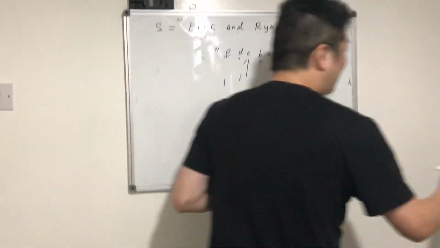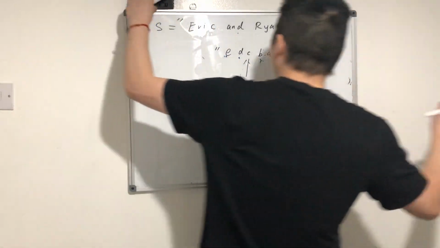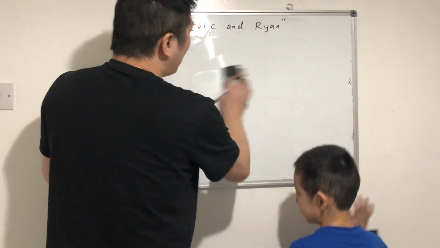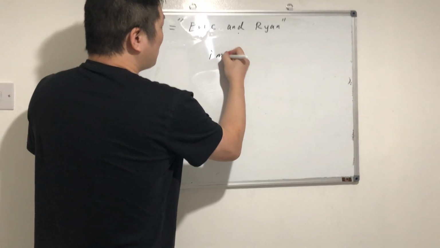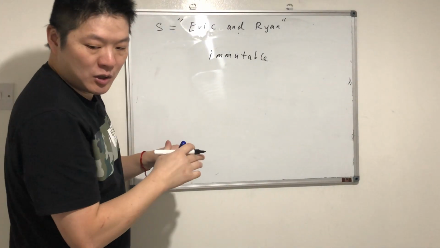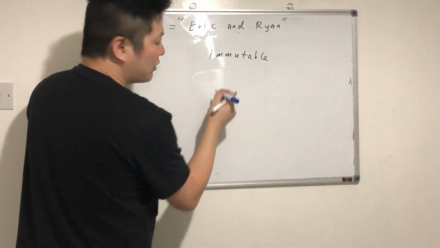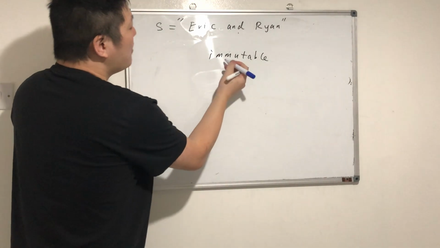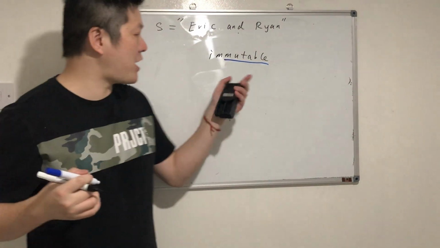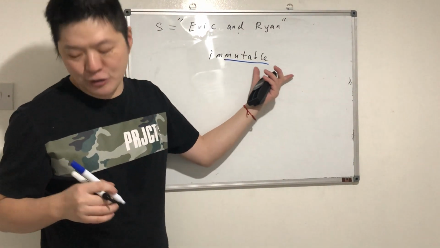But what's interesting is that in Python, strings are immutable. What does immutable mean? Mutable means it can be changed. Immutable means it can't be changed.